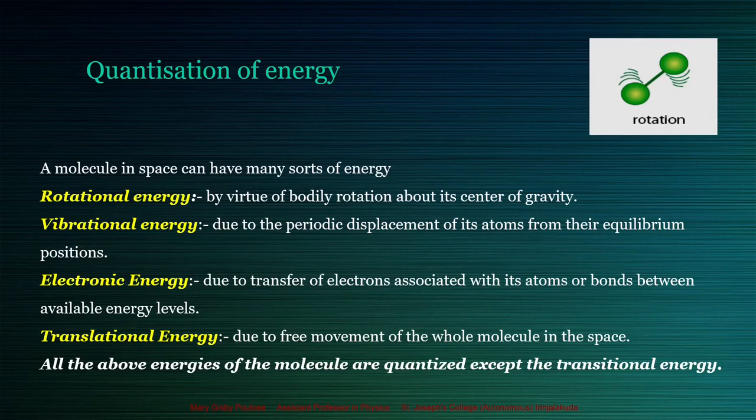That rotation will be according to the quantized rotational energy levels. The rotational energy can be of two types. In a molecule, there are different atoms, and within an atom, there are electrons and the nucleus. Electrons surround the nucleus.